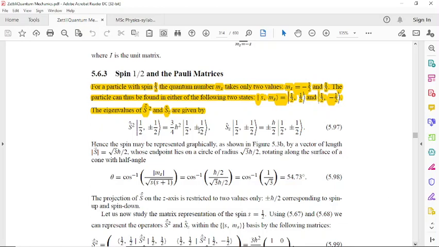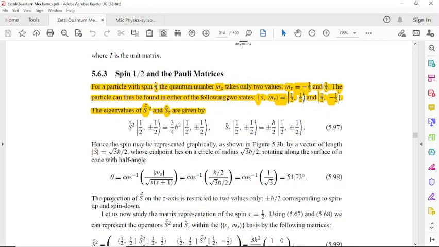Then for a particle with spin half, the quantum number ms takes only two values, ms equal to minus half and plus half. The particle can thus be found in either of the following two states: |1/2, 1/2> and |1/2, -1/2>.